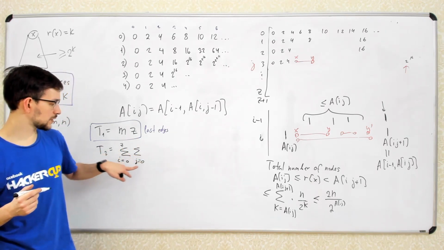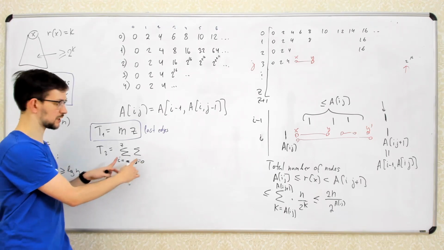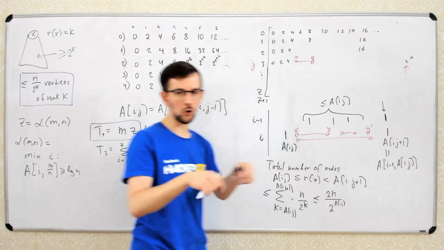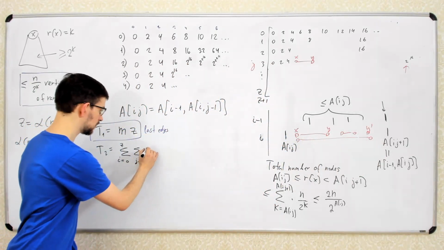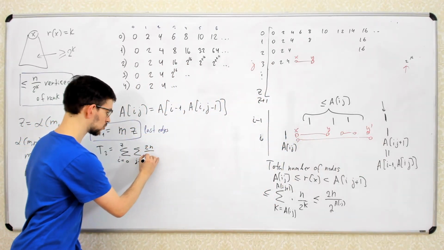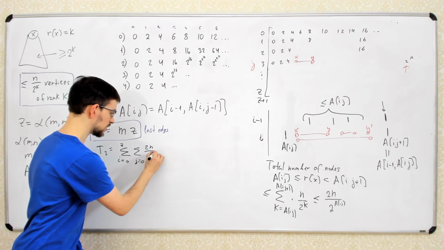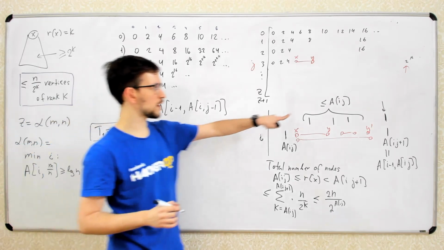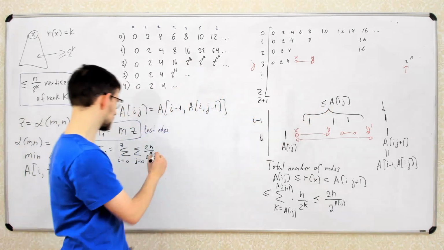Here we iterate over all classes and all segments. For each segment, we take all nodes in this segment. It will be 2n over 2 to the power aij. This many nodes, and for each node, we need to make this number of operations.